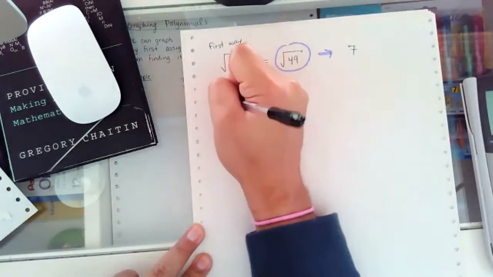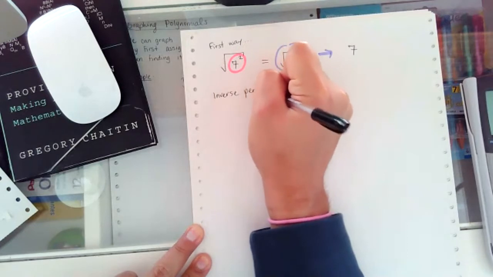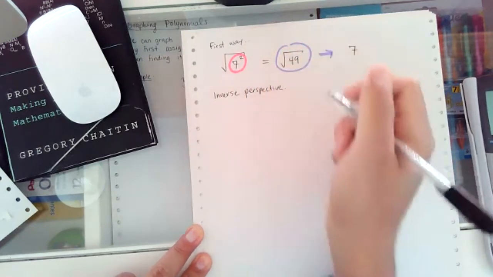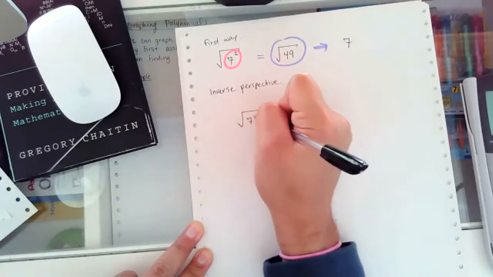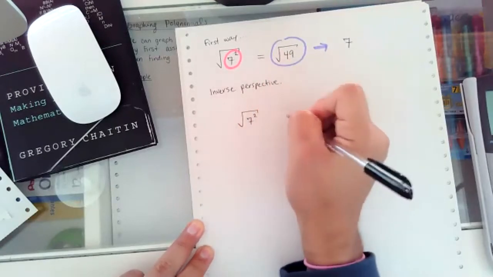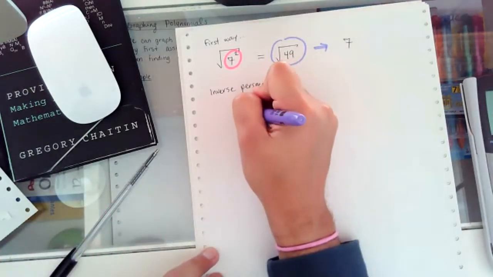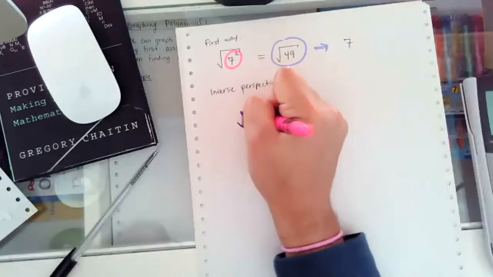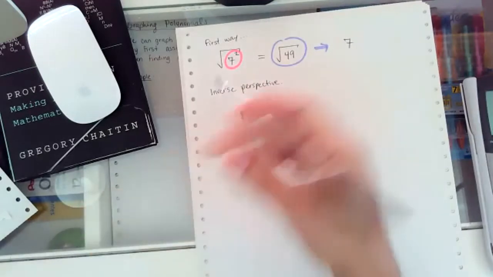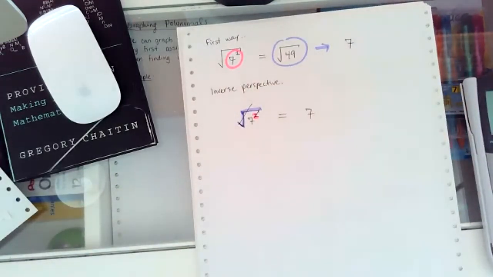But now that we know about inverses, this is the inverse perspective. If I asked you what is the square root of 7 squared, you could say, well, I know that the square root and the second power are opposites, so those will cancel each other out, and I'll just be left with 7.